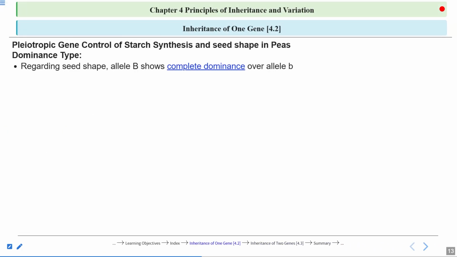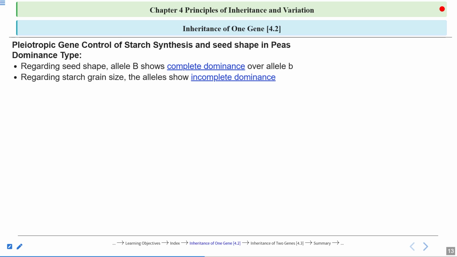So regarding seed shape, allele B shows complete dominance over allele small b, but regarding starch grain size, the alleles show incomplete dominance. So you can see a single gene is controlling two traits. This is known as pleiotropy. And the same gene can show dominance and also incomplete dominance.